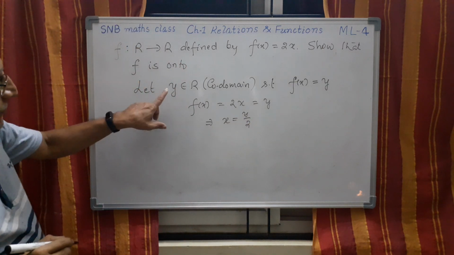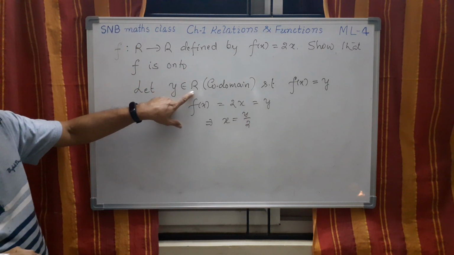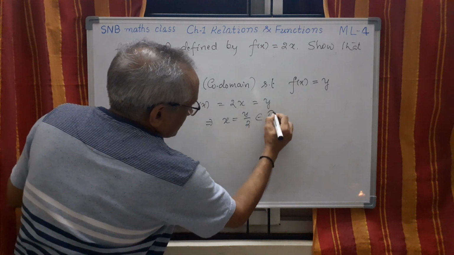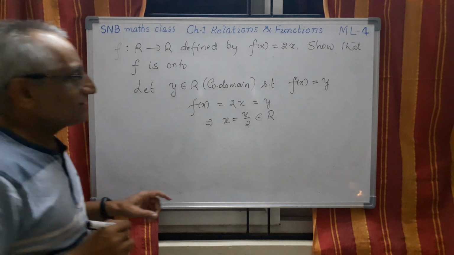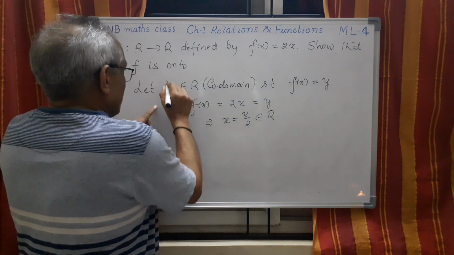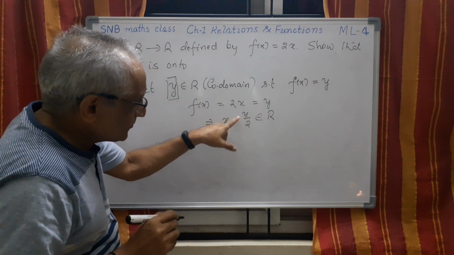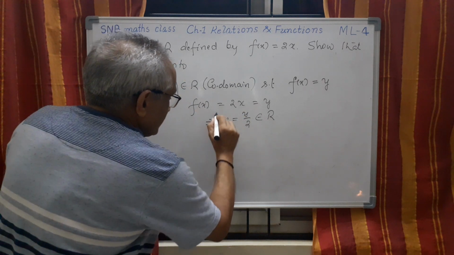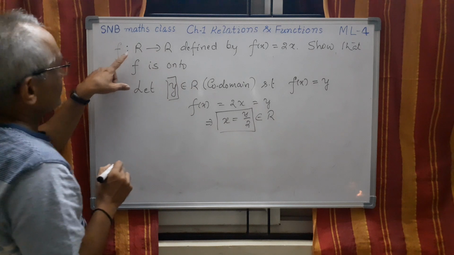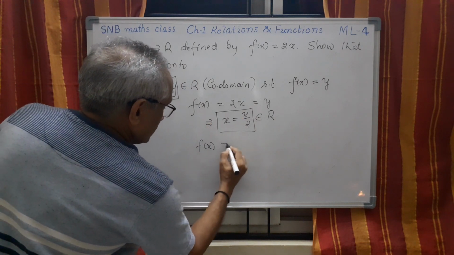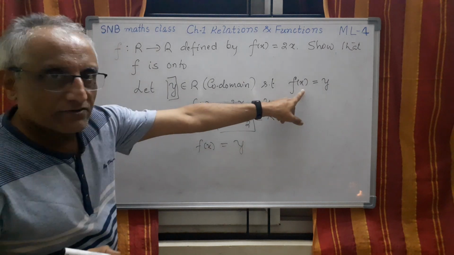But look here, y is a real number. Whenever y is a real number, y by 2 is also a real number. That means you take any element y in the codomain, and y by 2, equal to x, will definitely be there in the domain. And f of x is equal to y, that is our assumption.